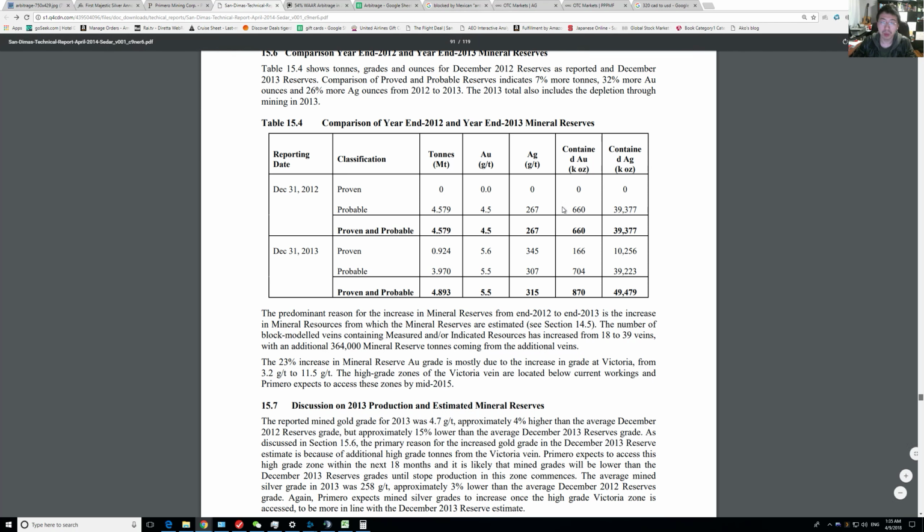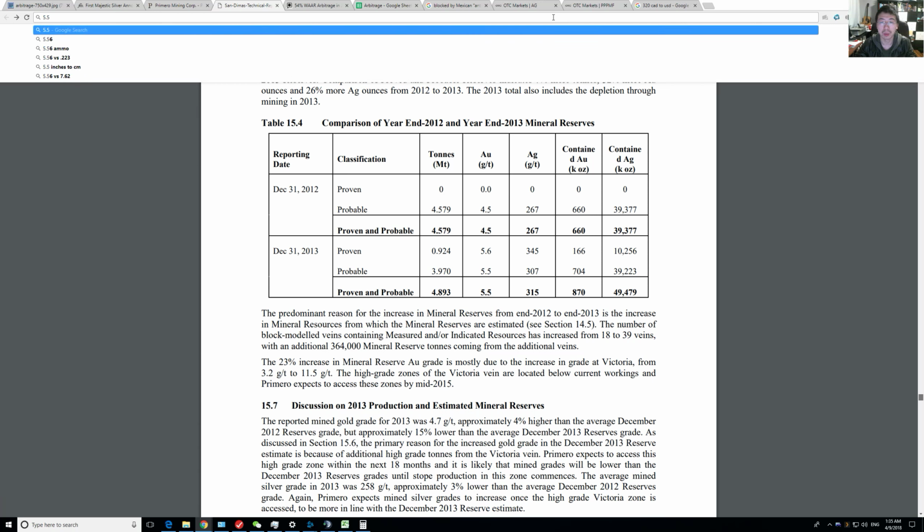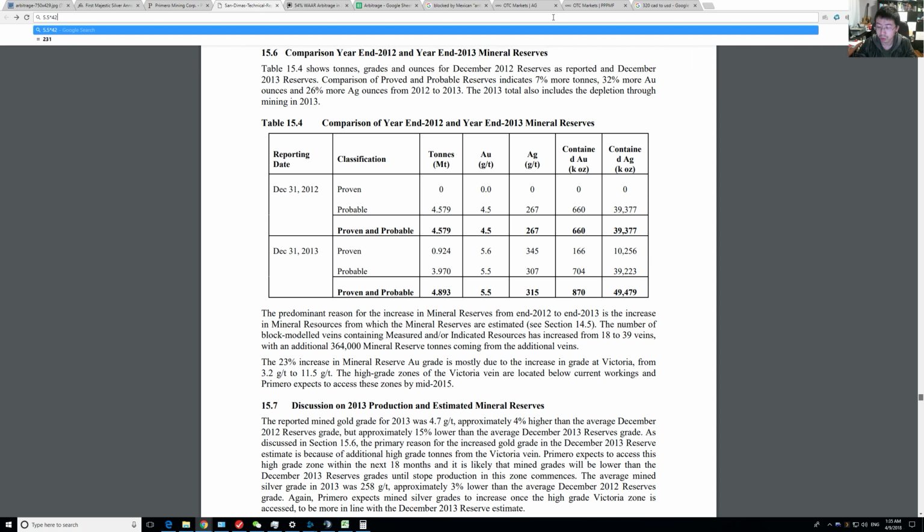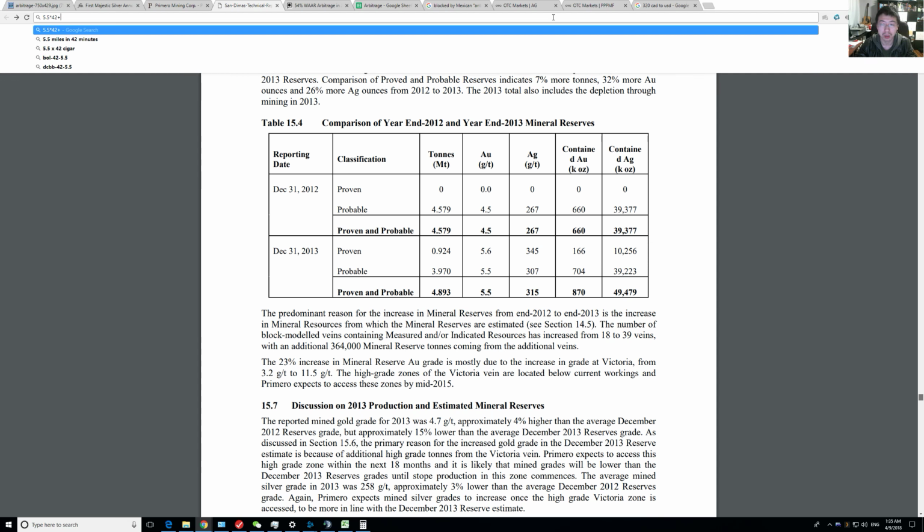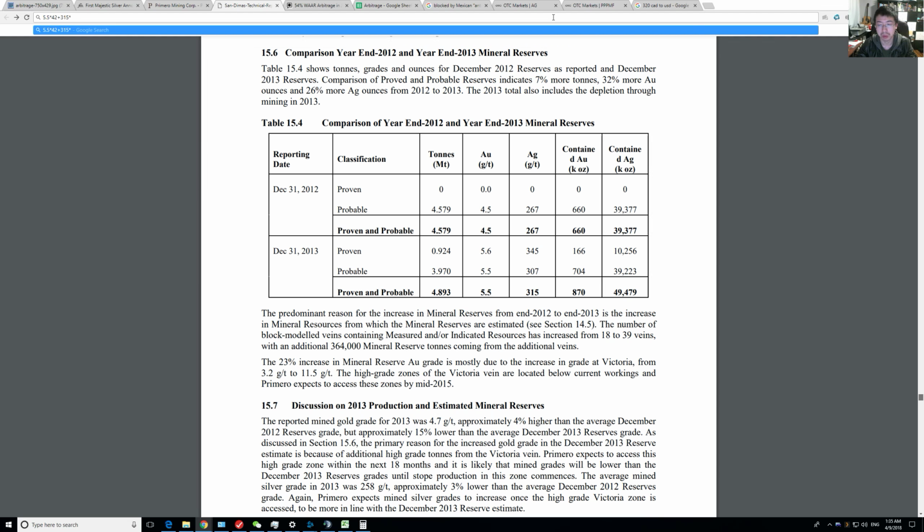So proven probable, you got 5.5 grams of gold and 315 grams of silver per ton. So that is a lot of minerals. So in fact, you can do 5.5 times the value of gold, which is $42 per gram, plus 315 times silver, say I think it's 53 cents per gram.